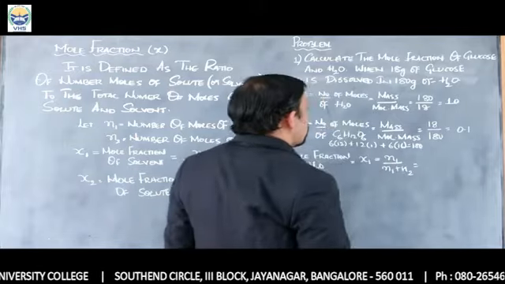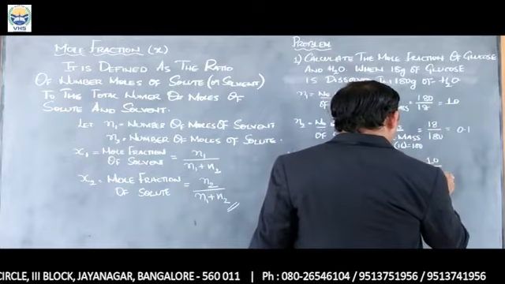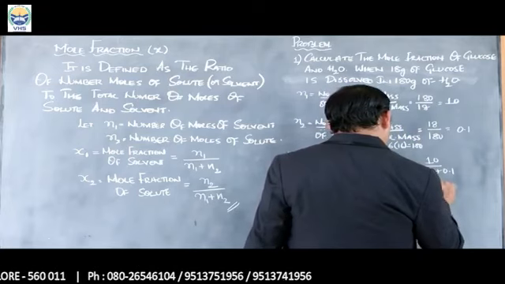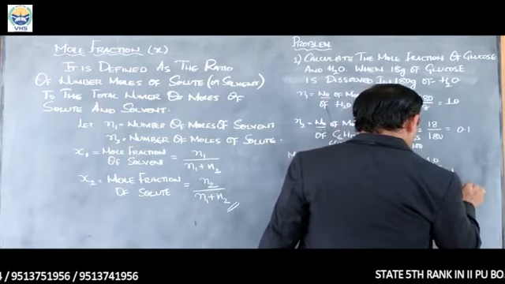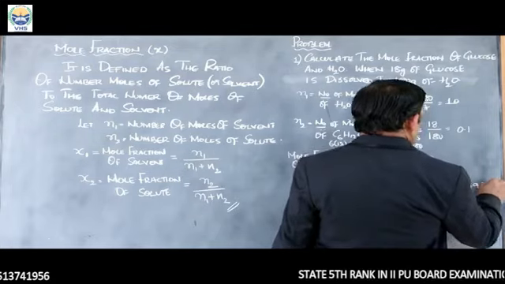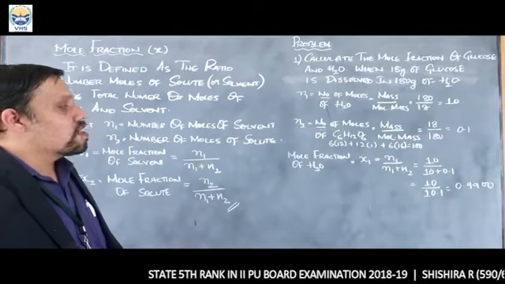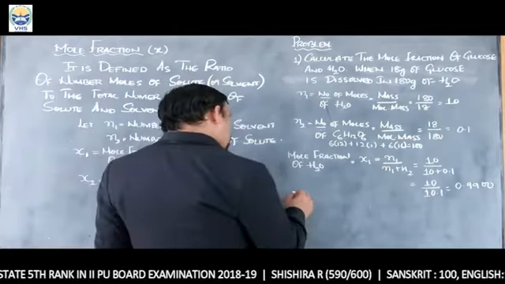N1 is 10, so 10 divided by 10 plus 0.1, which is nothing but 10 divided by 10.1, which is 0.9900. What is the mole fraction of water here? It is 0.9900.